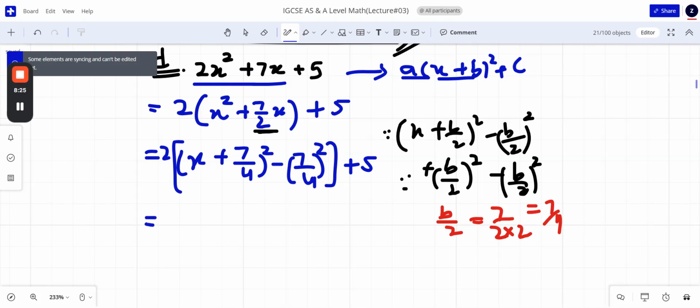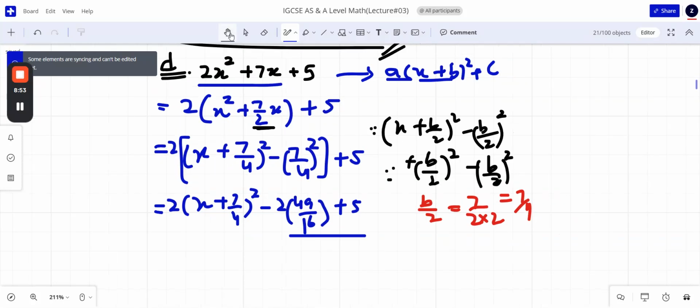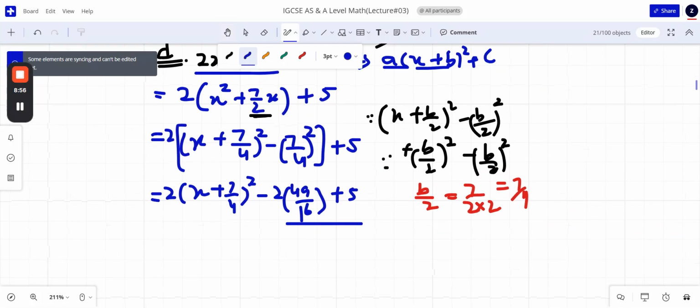Now we will multiply the 2 inside the bracket, so it will be 2 into x plus 7 by 4 whole square, which is our required form, a into x plus b whole square. Then minus 2 into 7 square, which is 49, over 4 square, which is 16, then plus 5. Now these two are the constant values, so we will work on these constant values only.